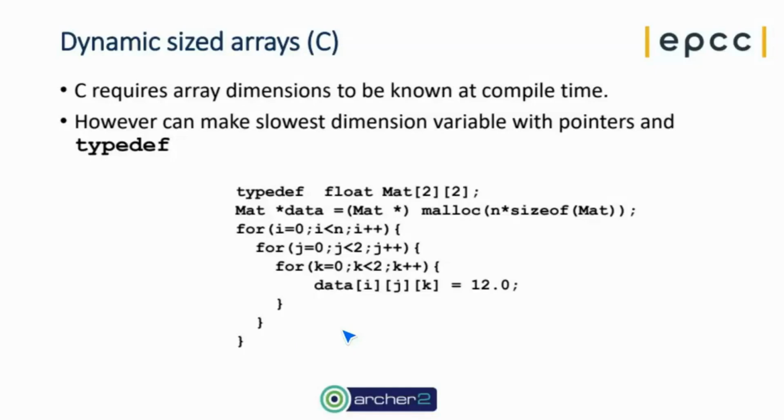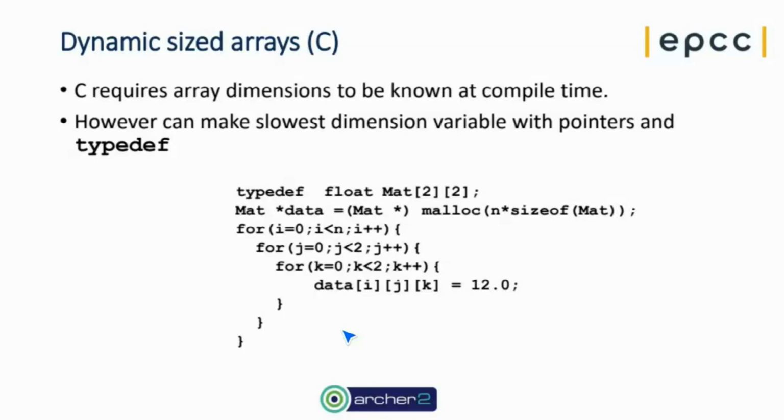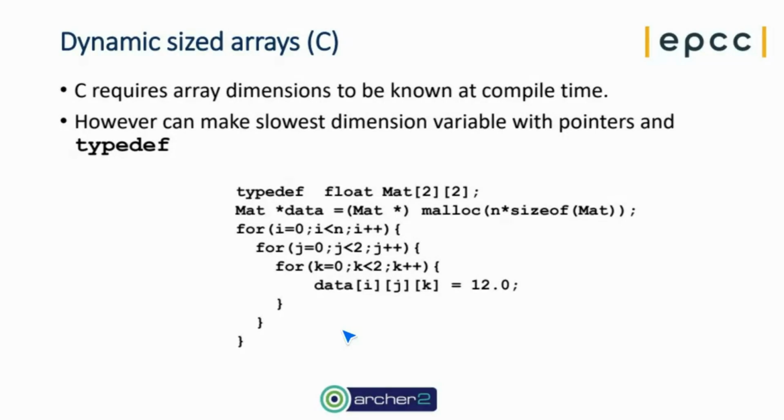So for C, modern C does include variable length arrays, but let's not worry about those for the time being. Genuine arrays in C require the dimensions to be known at compile time. There is a trick you can do: you can make the slowest dimension variable with pointers and a typedef.